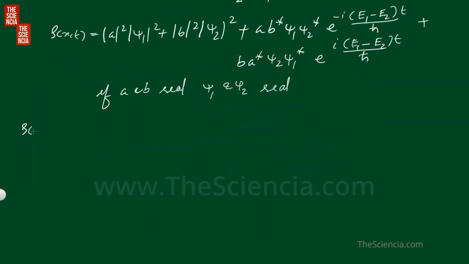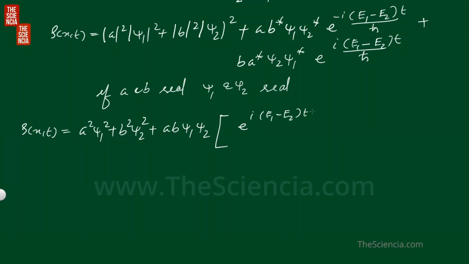That is rho of x,t is equal to a square psi 1 square plus b square psi 2 square plus a b psi 1 psi 2 into, because this is a common term and we can take the exponential term inside the bracket, that is e raised to i (E1 minus E2) t by h cross plus e raised to minus i (E1 minus E2) t by h cross.